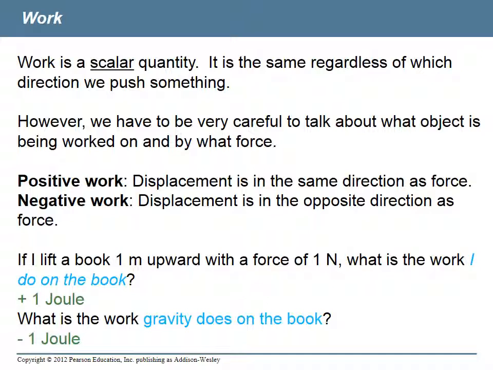This would have to be at a constant velocity. It would have to be a weight of 1 Newton for this to be true. But this example is strictly for just showing positive and negative here. So gravity acts down, but it moves up, so it's negative.